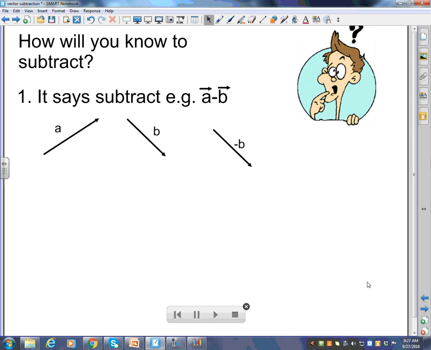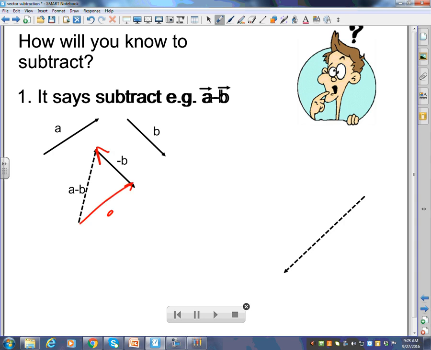There's A. I didn't flip it, though, did I? Oops. That one's A minus B, right? It should be like this. So you subtract when it says subtract.